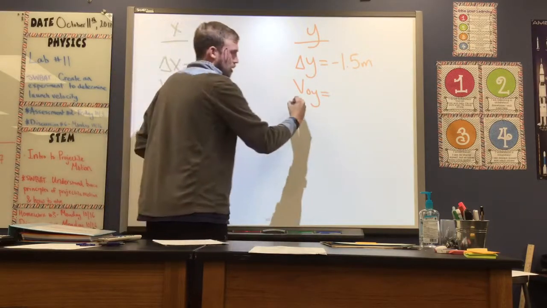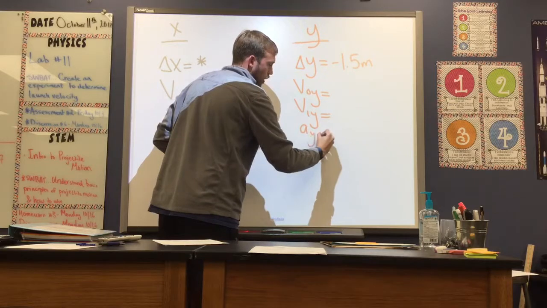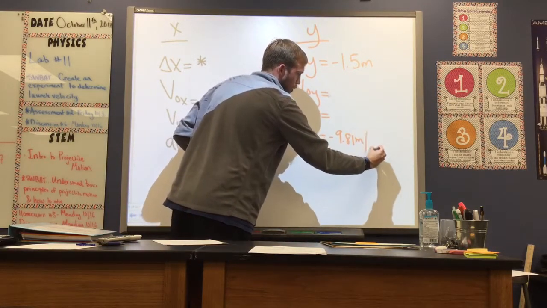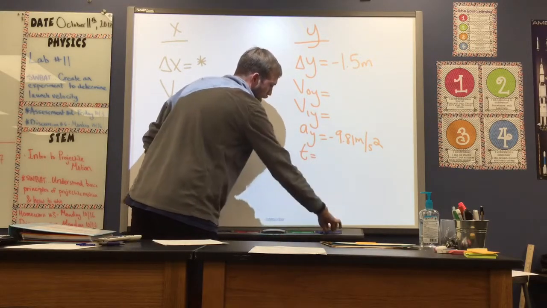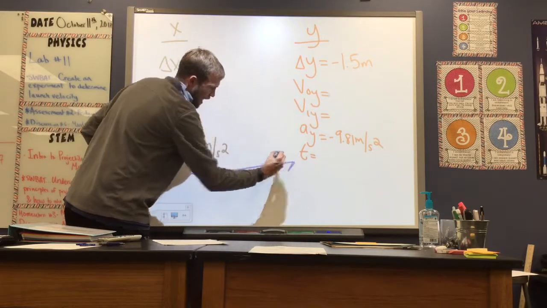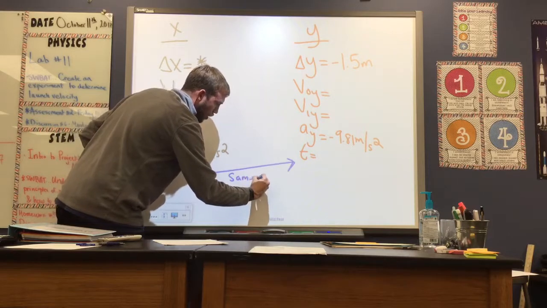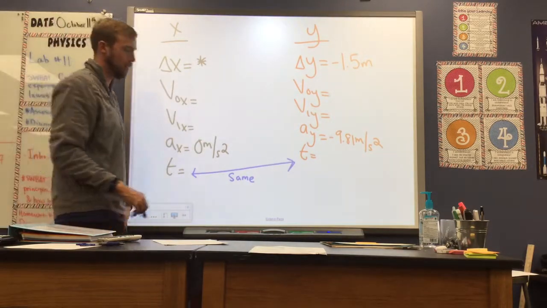We're going to come back to that. My V in the y, we also don't know. My acceleration in the y is negative 9.81 meters per second squared, and then we have time. Now, one important factor that we do know about time: it is going to be the same in both directions. So for whatever point we choose, it's going to take the same time to travel vertically as it is horizontally.